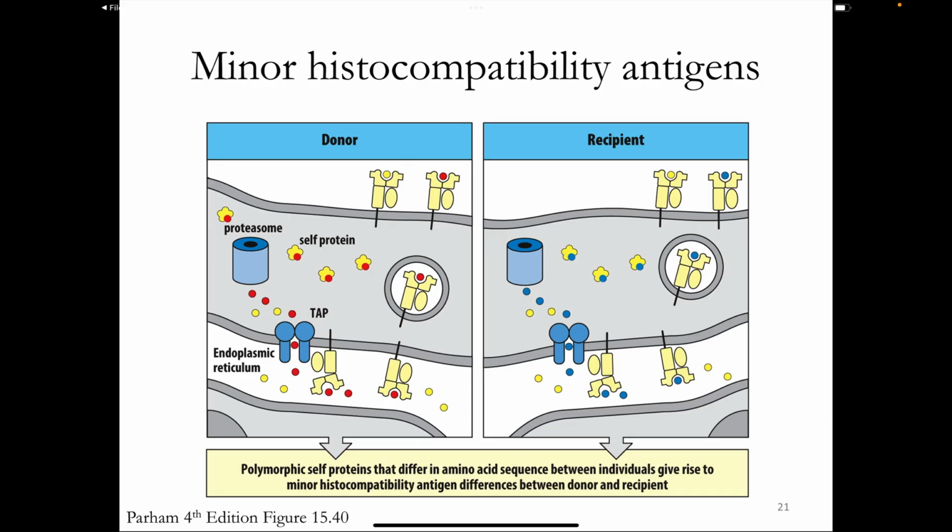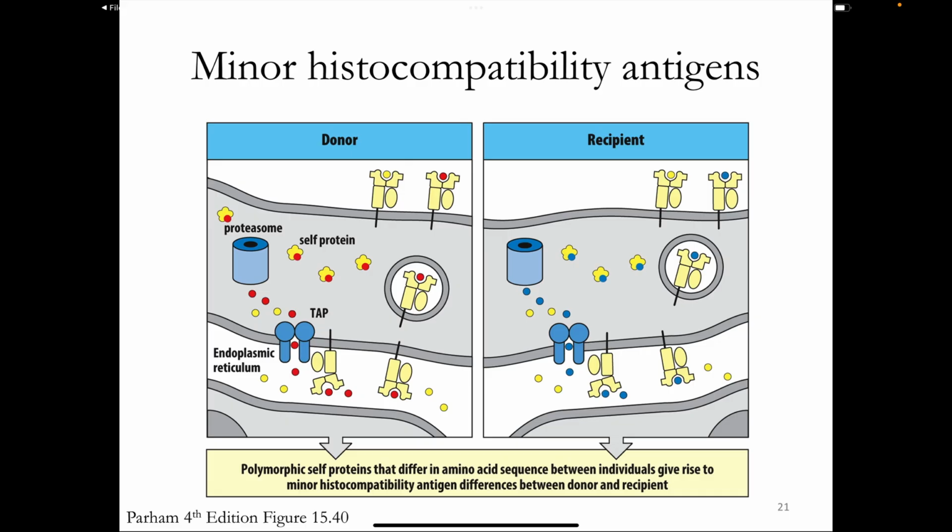And so in the donor, you can see that there's some protein that is a flower with a red thing on it. And in the recipient, it might just be a flower with a blue thing on it. There's just any protein that differs from person to person.